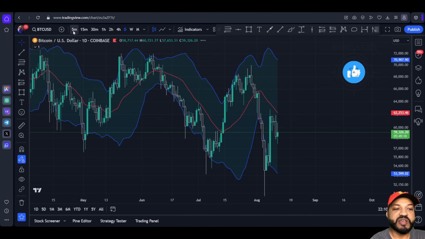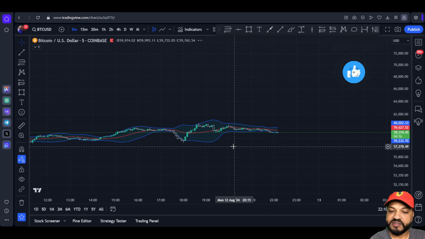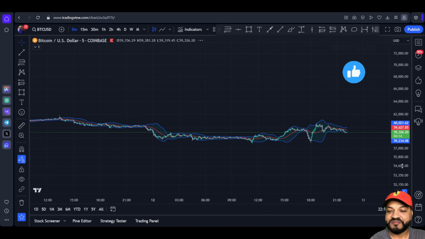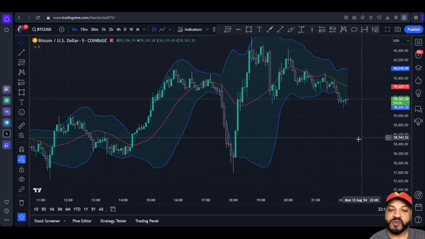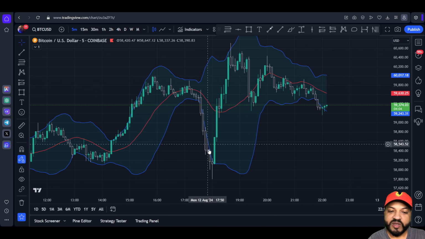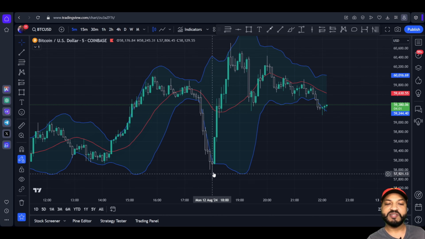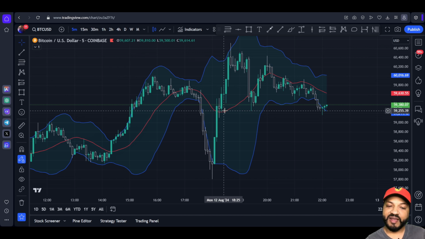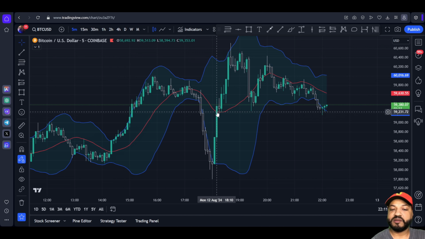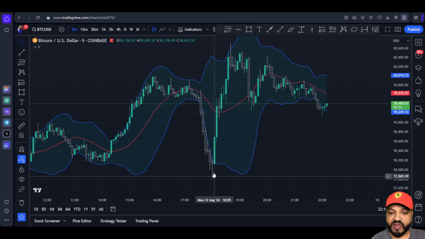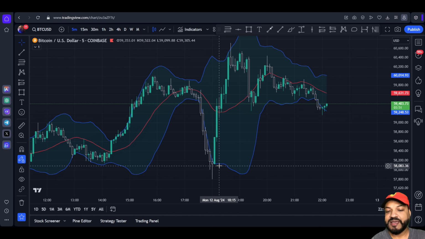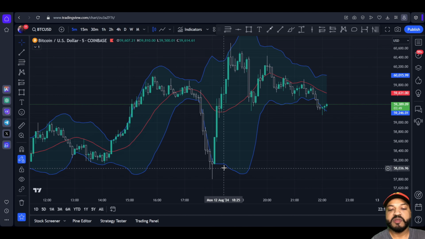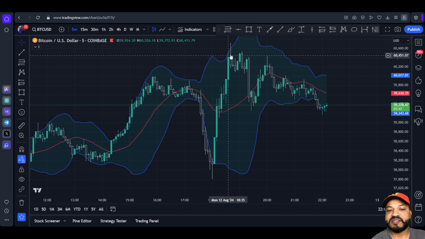Let's go to the smaller time frame. So the intraday, guys, you can check it out yourself. Okay, so here you are. This one goes down. Once it goes down, it will always come back and test the mid of the Bollinger Band, which is the 20 moving average. So it went down and crossed below, because this works as a support and this works as a resistance.